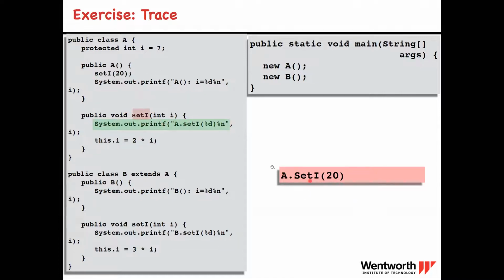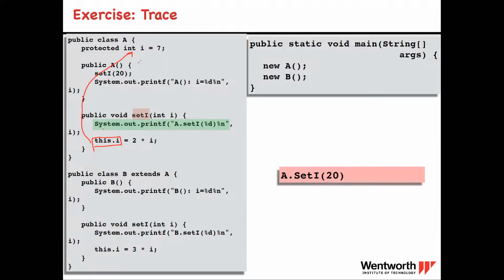So it's just showing you what function it was calling. And then it takes this.i and multiplies it basically by 2*i. Whatever i came in as, I'm multiplying that by 2 and setting this.i. What is this.i? This.i is this one.